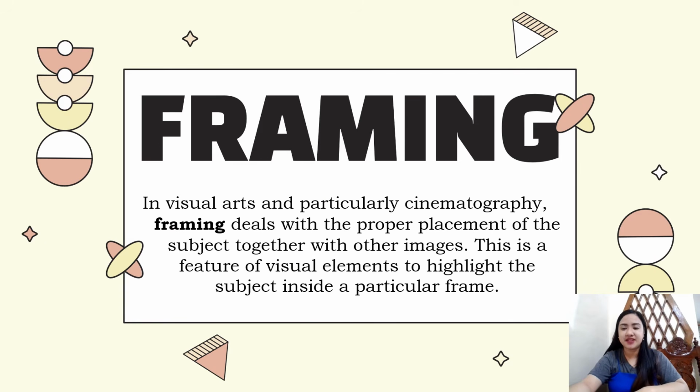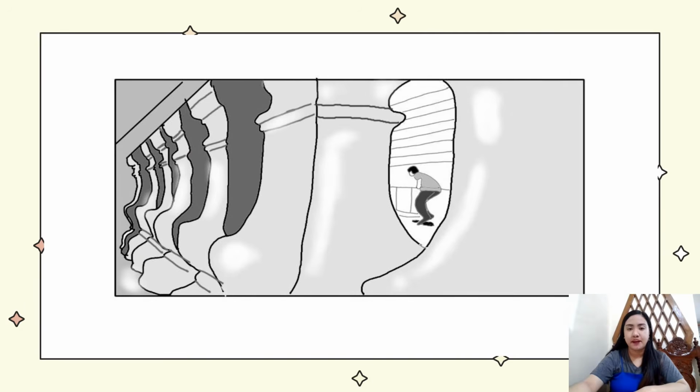Let's proceed to the next visual element, which is framing. In visual arts, and particularly cinematography, framing deals with the power placement of the subject together with other images. This is a feature of visual elements to highlight the subject inside a particular frame.